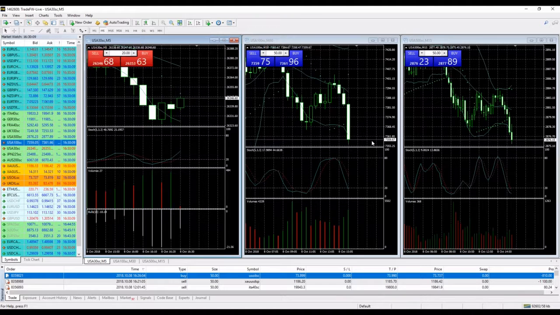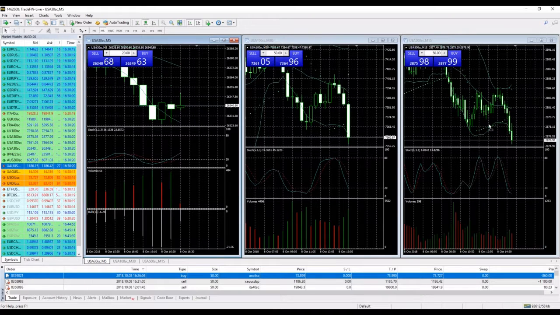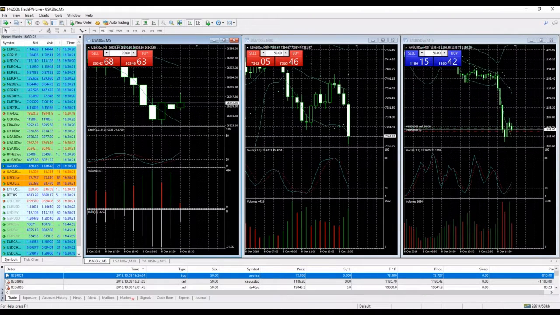Okay, there we go, guys. USA 100 is dropping. I will sell a small USA 100 position. I didn't put any trades yet on USA 30.